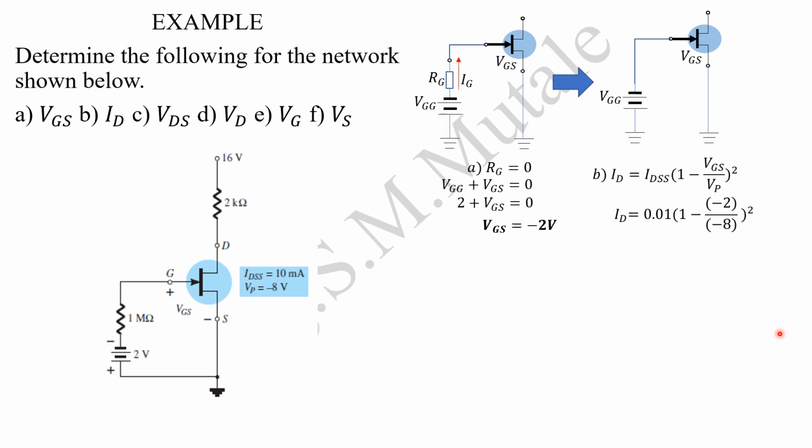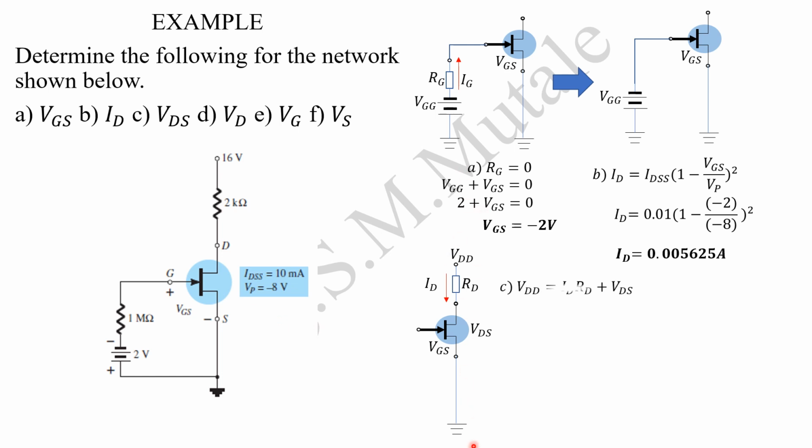If you do your substitutions and evaluate, ID comes out to that value. Then we come to VDS, which comes from the analysis of the drain loop. This produces an equation where VDD has a voltage drop across RD and across VDS. If you substitute VDD of 16 volts, ID times RD, and the other parameters we have, and make VDS the subject, we get VDS as 4.75 volts.